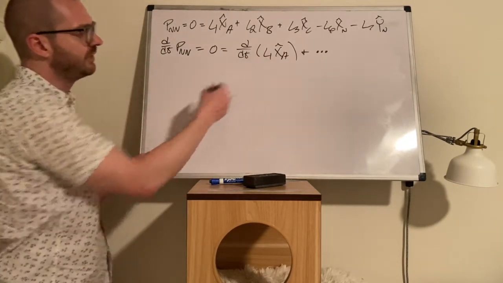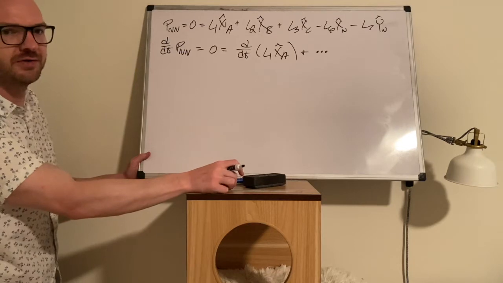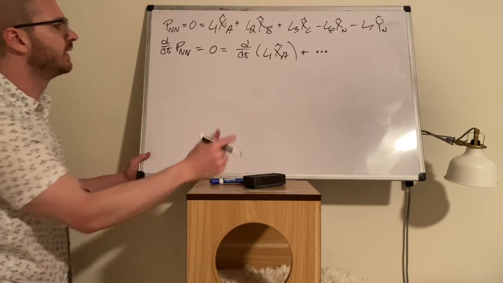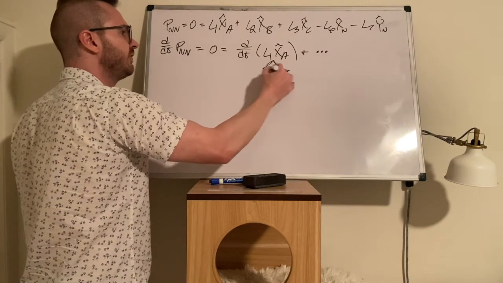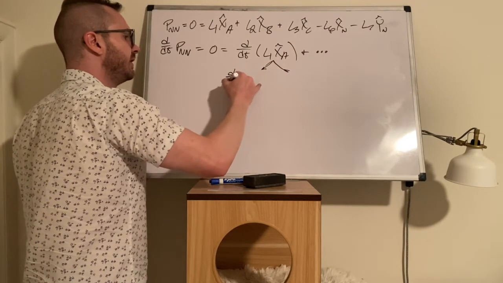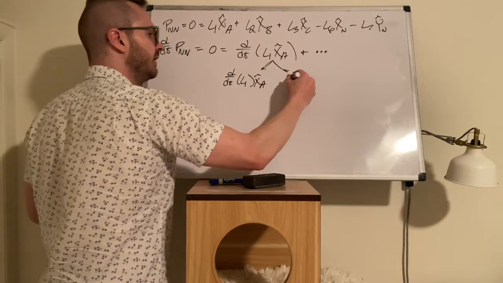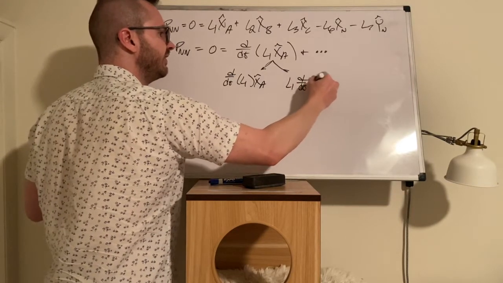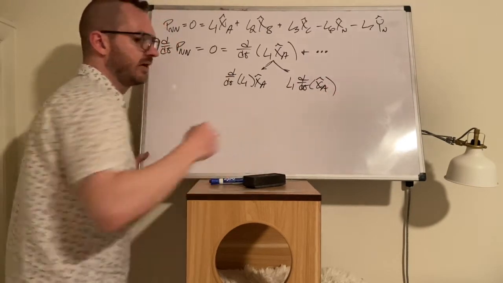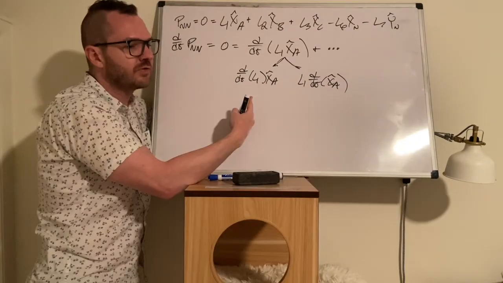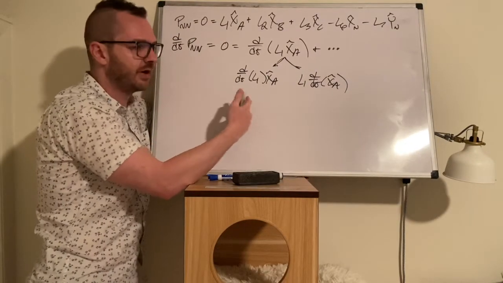We've done this. This is now just a bunch of linear velocities, right? So you do product rule expansion on this. You get two terms, ddt of L1 times x at A and L1 times ddt of x at A. This first term is going to equal 0. L1's a constant.